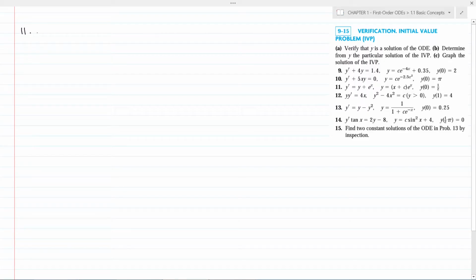Problem 11. Y dash equal to y plus e to the power x. The general solution given is y equal to x plus c e to the power x.